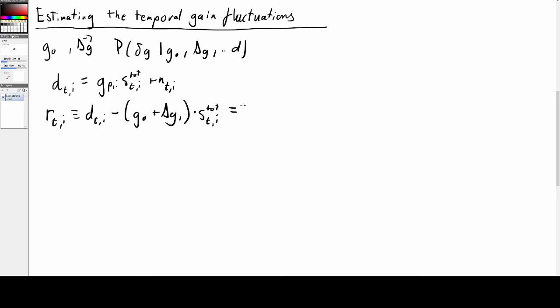And on the right-hand side, what is left is then this part.